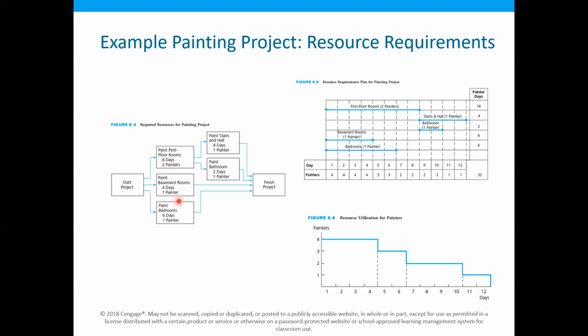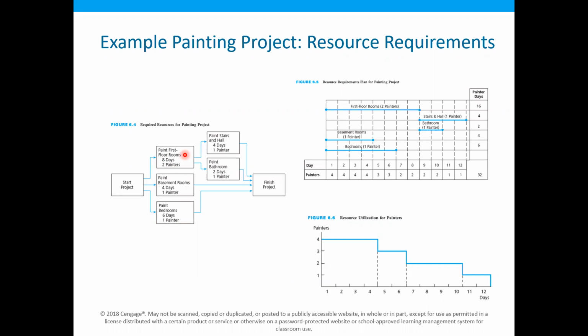Here we can see that if, for example, we have two painters needed for the first floor rooms, one painter needed in the basement rooms, and one painter needed for the bedroom, then we can start the work in all these three activities simultaneously.